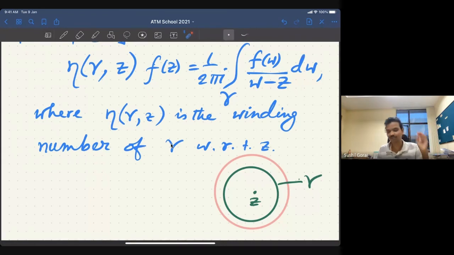So this is the standard form of Cauchy's integral formula, which is used in many places. But here the proof is very simple.